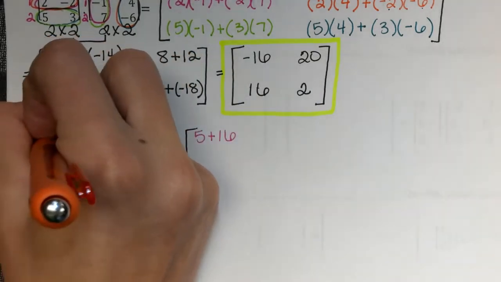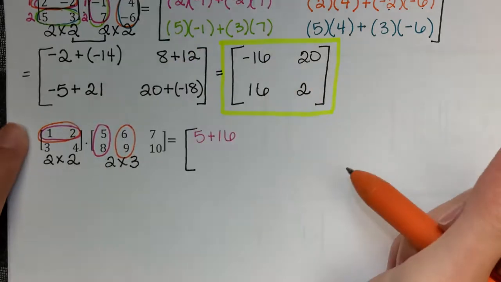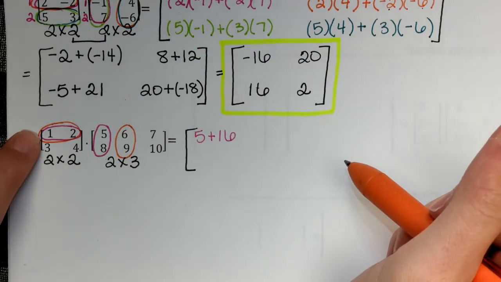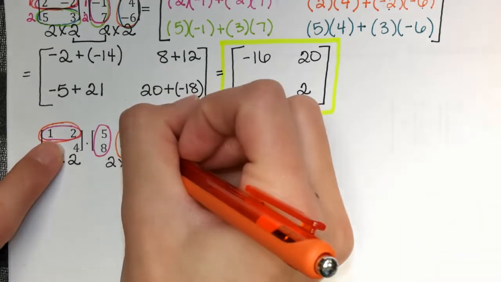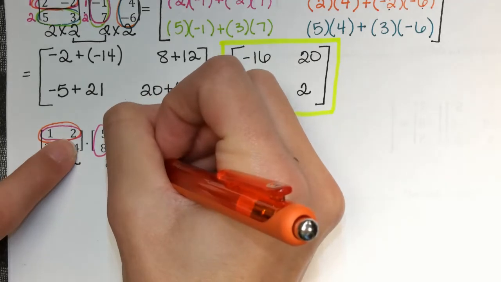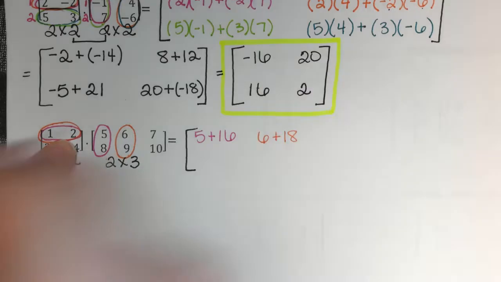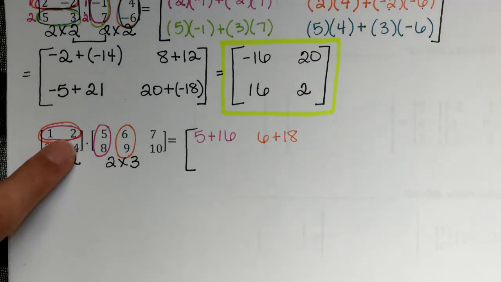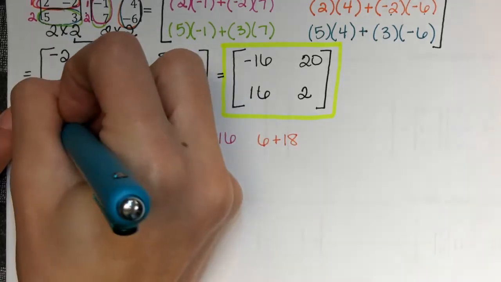Then I'm going to do first row, second column. So I'm going to do 1 times 6 and 2 times 9. Okay, now I'm going to keep going, and I'm going to have first row times what?